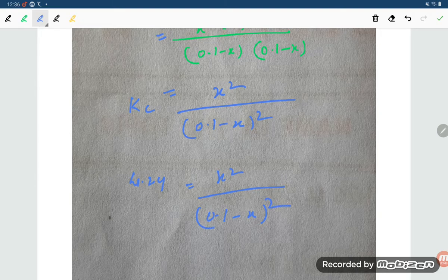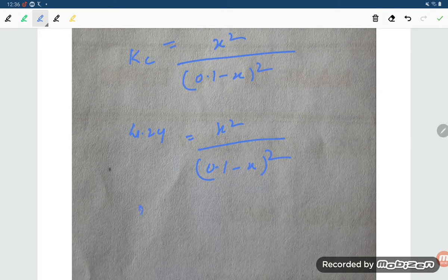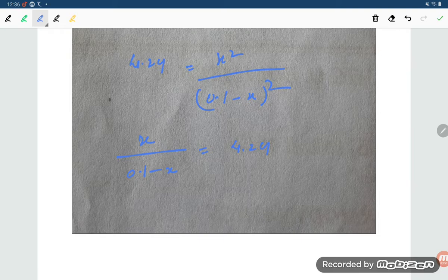So the numerator and denominator are both squared. So X upon 0.1 minus X, if you look, will be 4.24, right, student? So you could solve it. How will the value come?